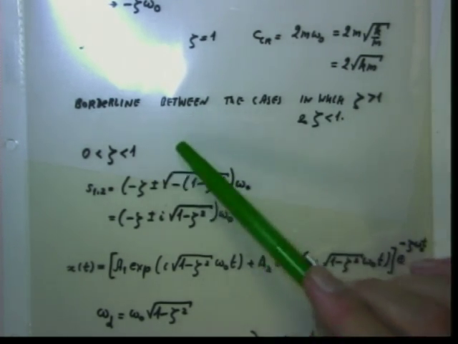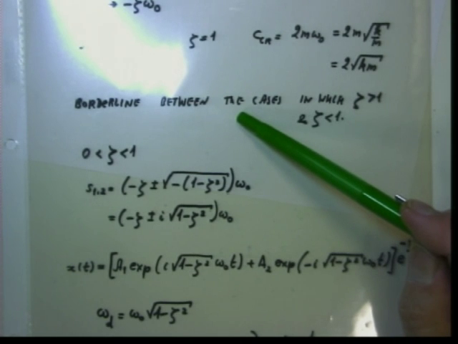Usually we cannot provide very big damping in the system, so usually systems are underdamped or slightly damped. Slightly damped means there is some damping, so it's not 0, but it's not much damping.